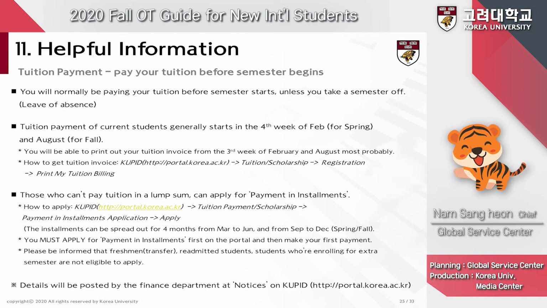Payment in installments are spread out over 4 months from March to June for spring semester and from September to December for fall semester. The application period and tuition payments date for payments in installments are different from the regular tuition payment period. So please be on the lookout for notices and information on Cupid regarding this payment plan if you are interested.